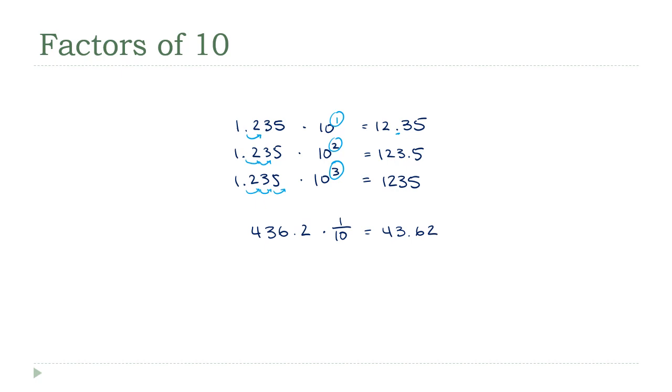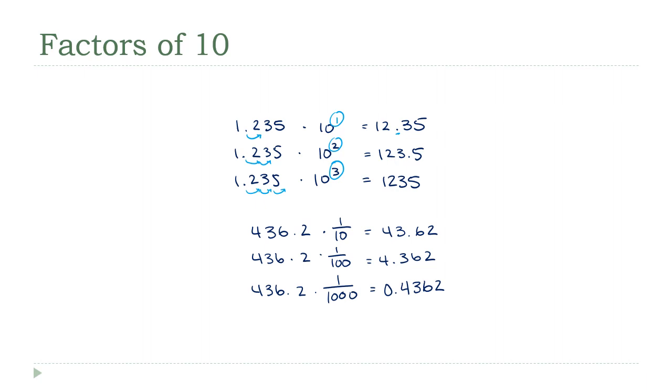And if I were to take this and multiply by 1 over 100, and divide by 100, which is 10 squared, this becomes 4.362. Finally, I'll throw one more in here. I'm going to multiply this by 1 over 1,000. That's 10 to the third. And this becomes 0.4362.